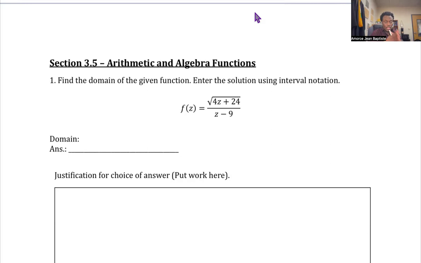You add them to create one function. How do the domains of the two different functions combine to give you the domain of the one function? So that's what we're going to look at in this topic. So that's why we need to talk about the domain of a function before performing any operations on the functions.